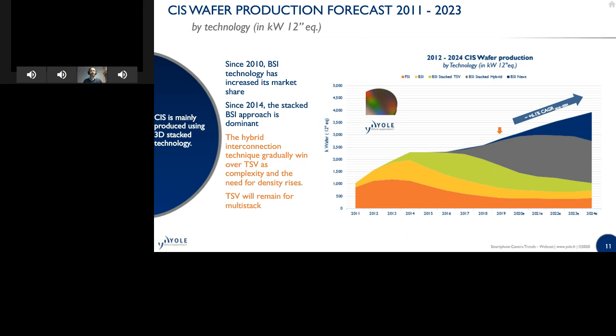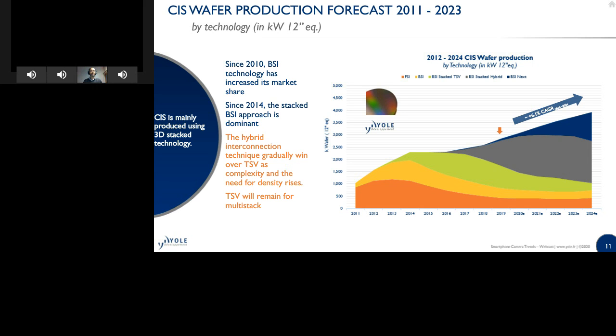Therefore, in terms of production, I mentioned the 6 billion camera modules. Now, in terms of kilo wafer per year, we are in 12-inch equivalent. We are talking in the range of 2.7 million in 2019 and reaching 3 million in 2020.